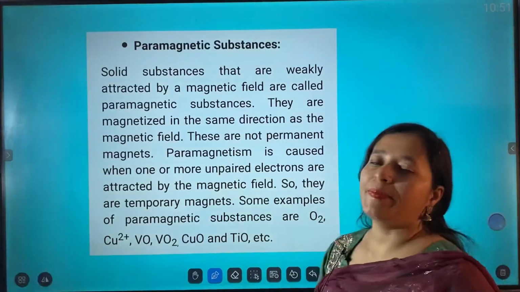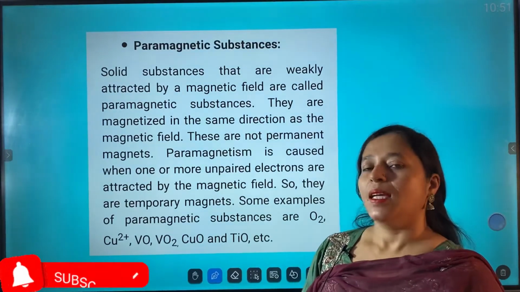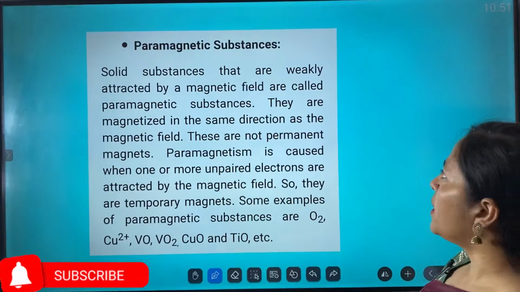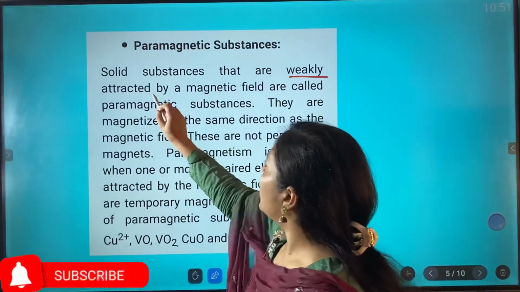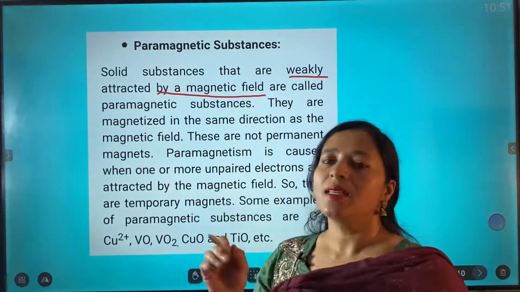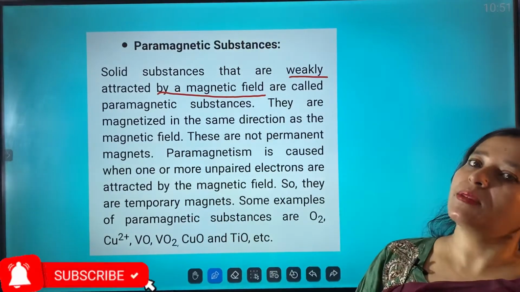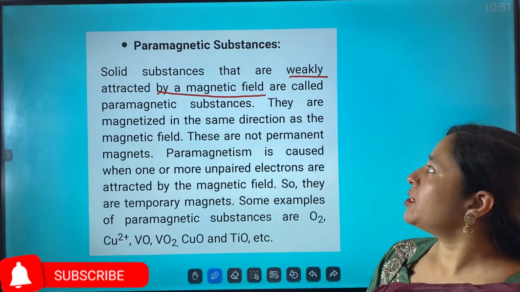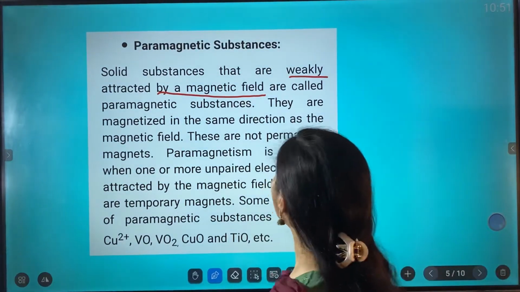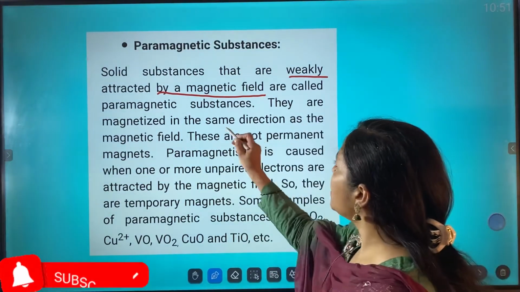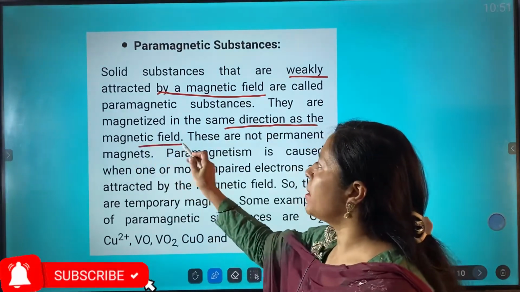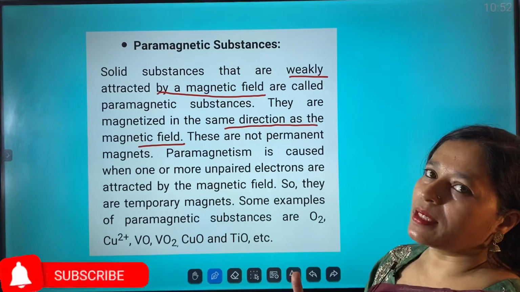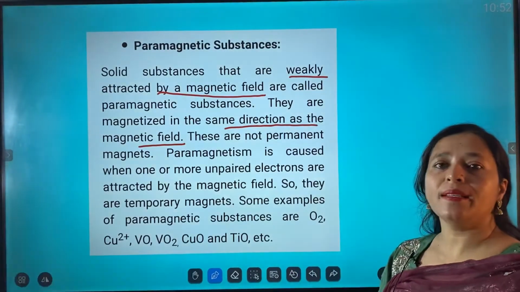The next one is paramagnetic substances. In these substances, the electrons are not paired up. They are weakly attracted by a magnetic field, whereas diamagnetic substances are weakly repelled. They are magnetized in the same direction as the magnetic field. This point is to be noted: these are not permanent magnets, as we studied in ferromagnetic substances.